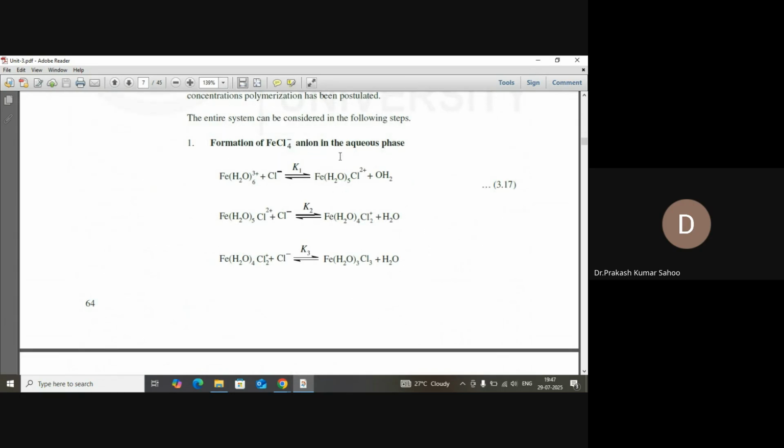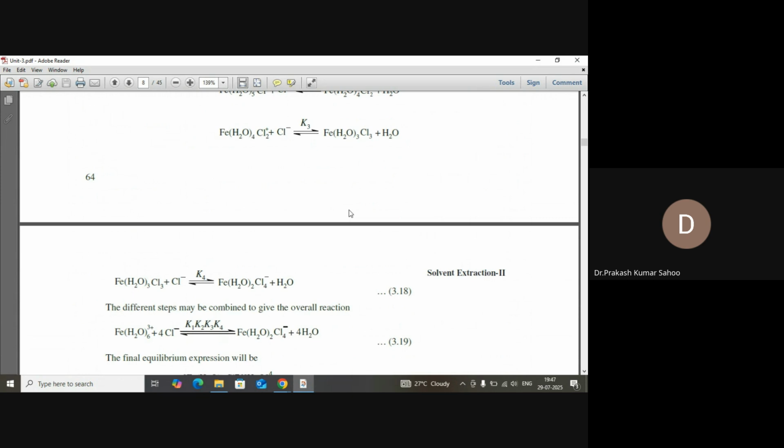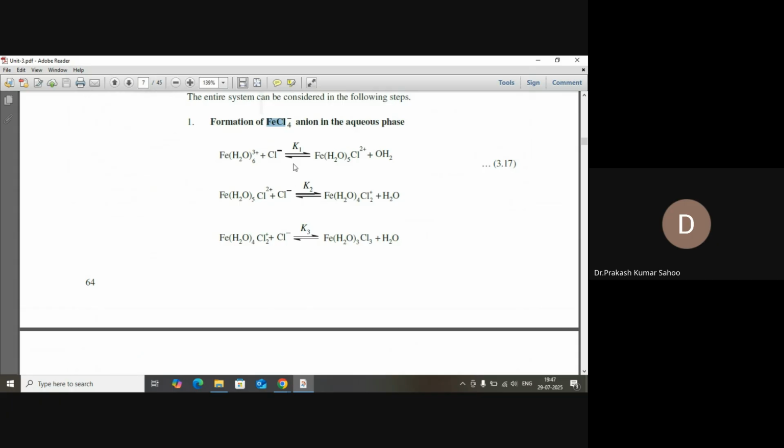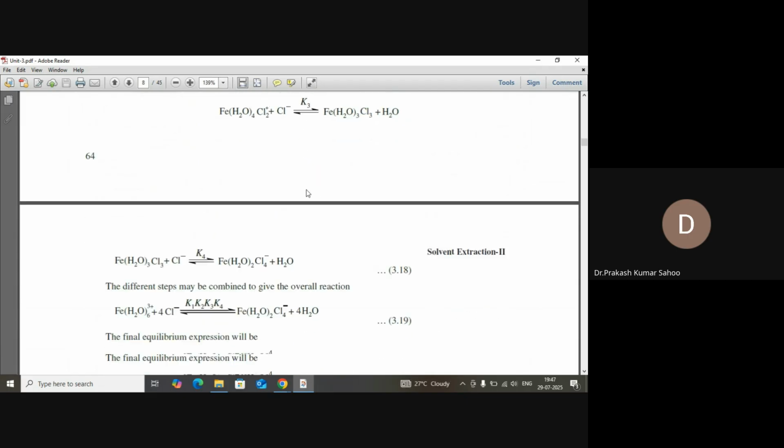Now this is some examples of how the iron tetrachloride anion in the aqueous phase is extracted from the iron hexaaqua 3 plus salt. This is the equation we have. Then in this reaction, we have 4 steps having equilibrium constants K1, K2, K3, and K4.